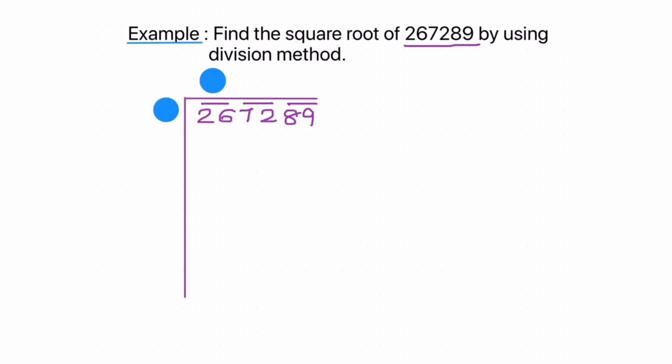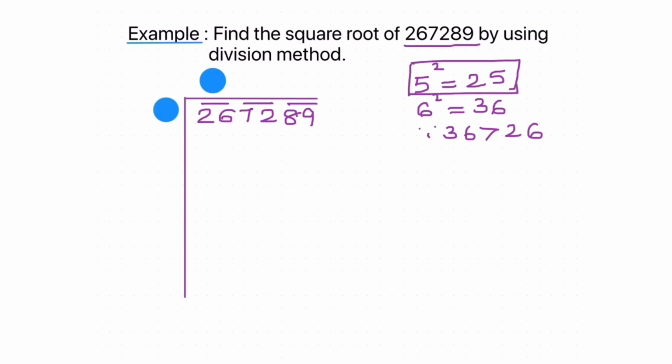We all know that 5 square is 25, 6 square is 36. Since 36 is greater than 26, which is the first pair, we will consider 5 square, which is 25. So the greatest number we have found is 5.